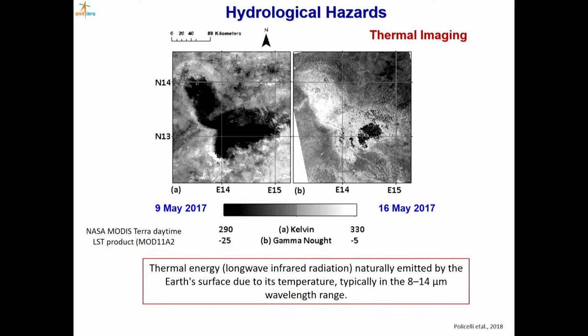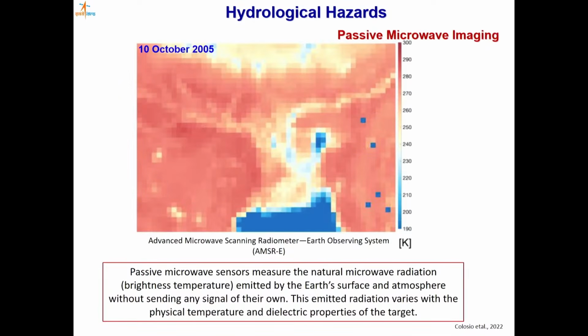In cases where these temperatures are not very distinct, or in wet conditions, they are not so suitable, and they also have the limitation of cloud cover, and the resolution is also coarser, so they are not much used for mapping of hydrological hazards.